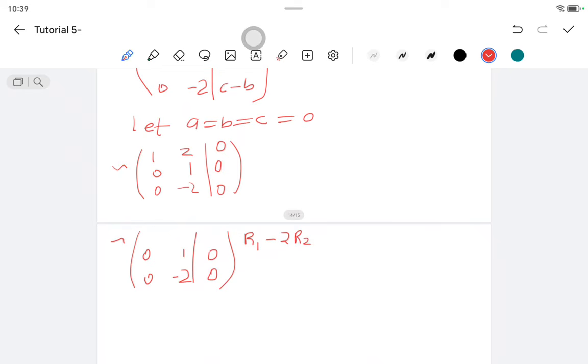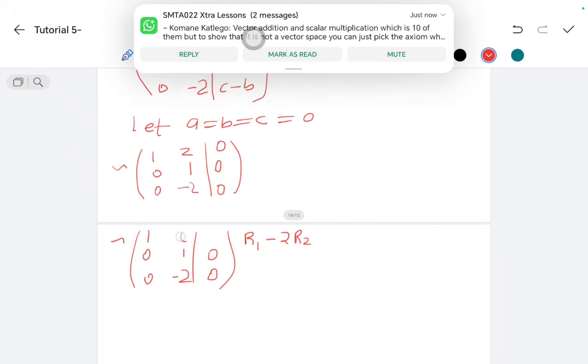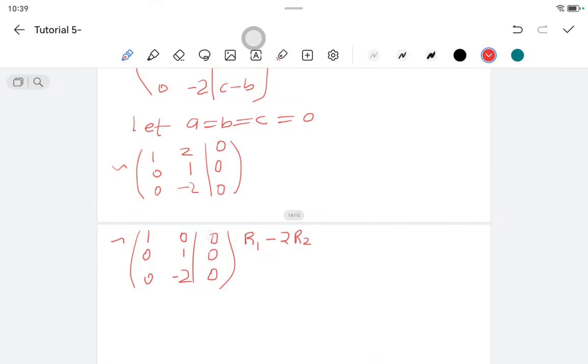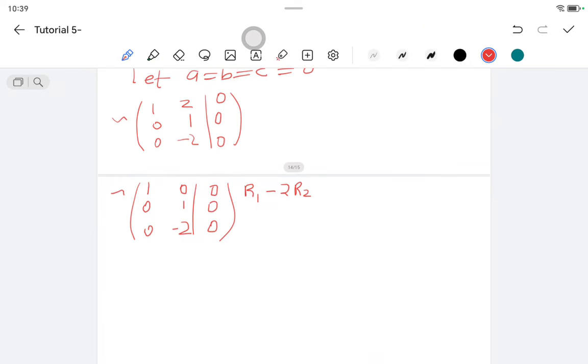So this will be 1, this will be 0, 0. Now, if we check alpha and beta, alpha will be equal to 0, beta will be equal to 0.